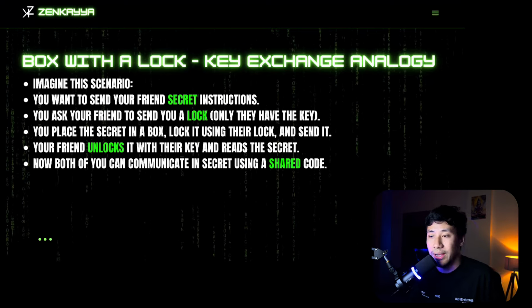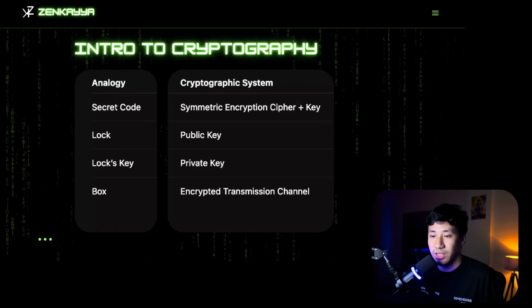That is how the whole encryption and decryption works with symmetric and asymmetric. That is the analogy you can understand. Now both of us can communicate in secret with that shared code. Only me and my friend know the shared code. Nobody else knows it, because the key was shared with me secretly. That is the whole point of asymmetric keys.